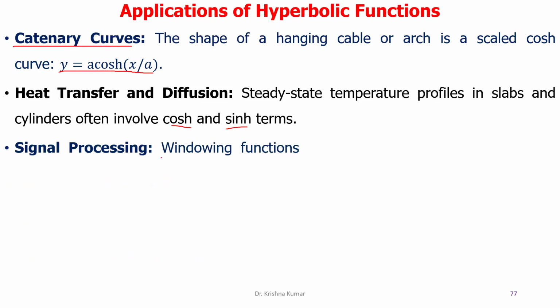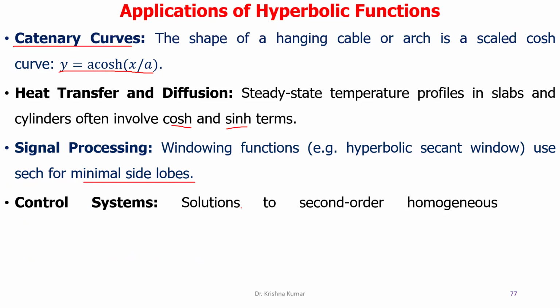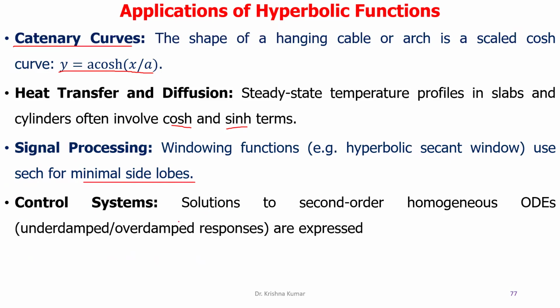Now, in signal processing, windowing functions, for example the hyperbolic secant window, use sech for minimal side lobes. Similarly, in control systems, solutions to second order homogeneous ordinary differential equations, which are underdamped or overdamped responses, are expressed with sine hyperbolic and cosine hyperbolic.